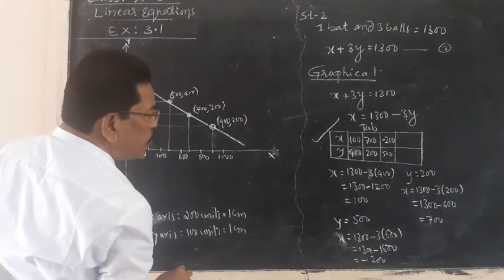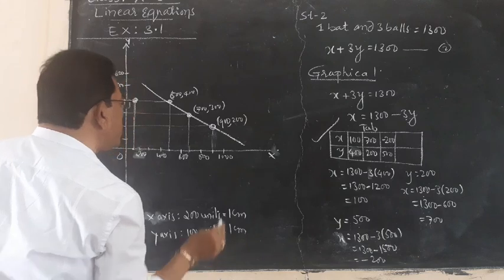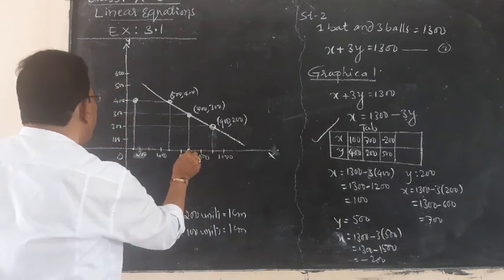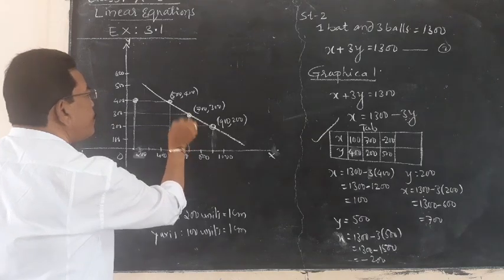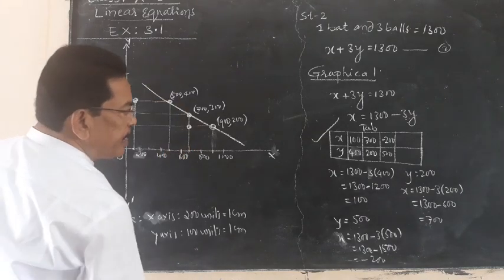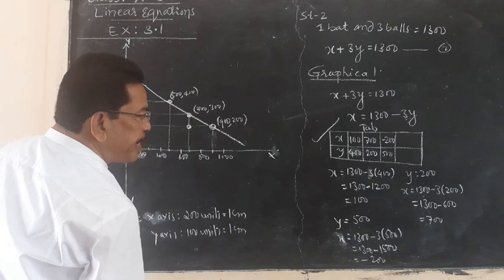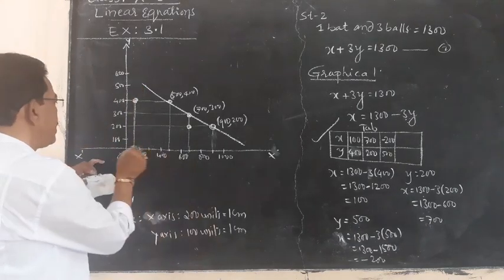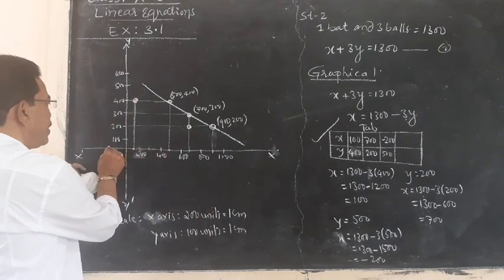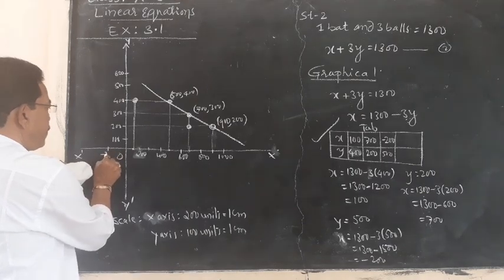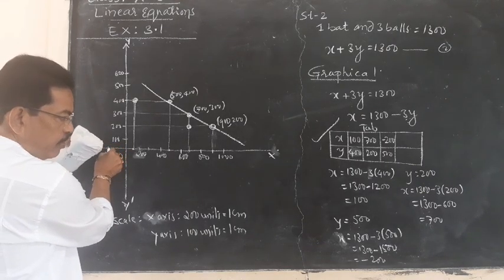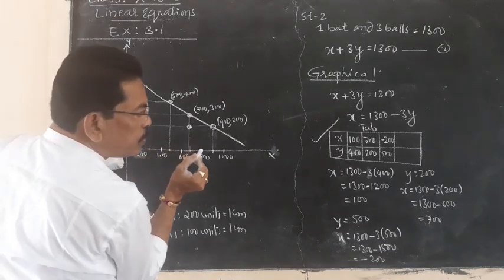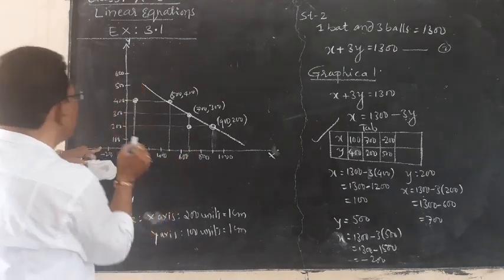Then x equals to 700, y equals to 200. Then x equals to minus 200, y equals to 500.